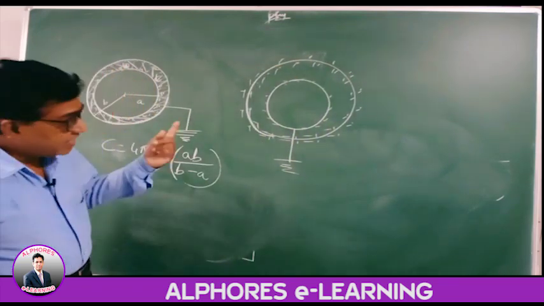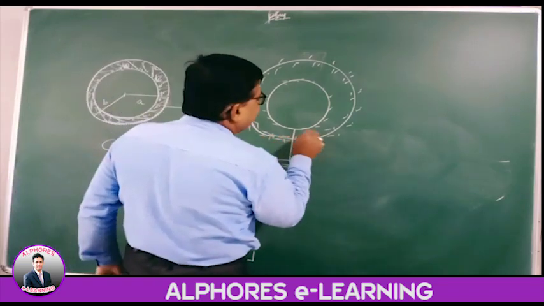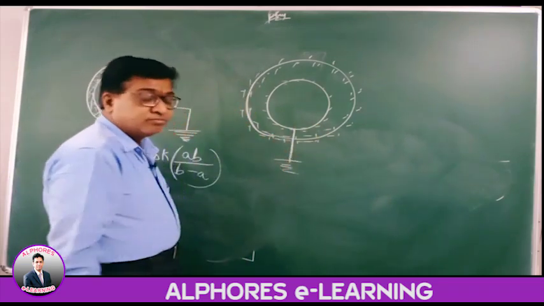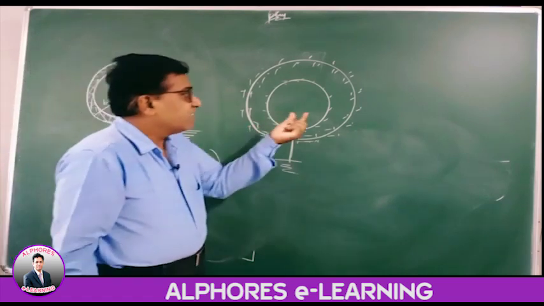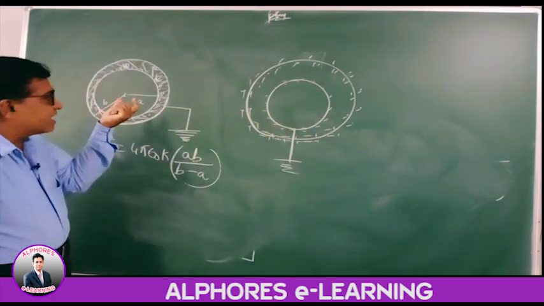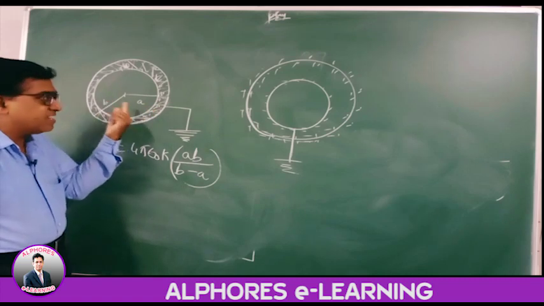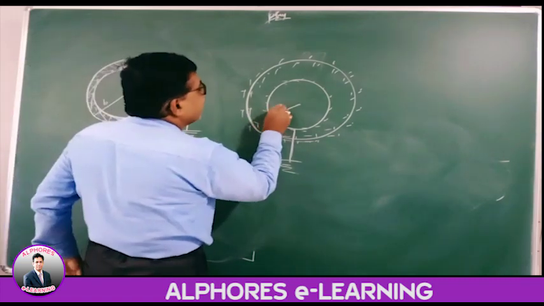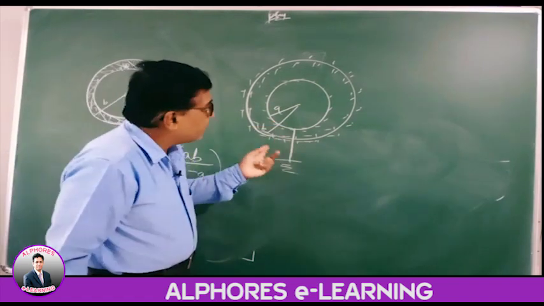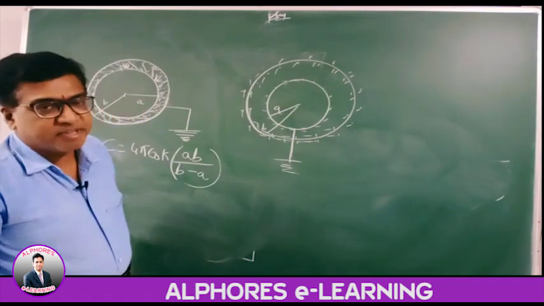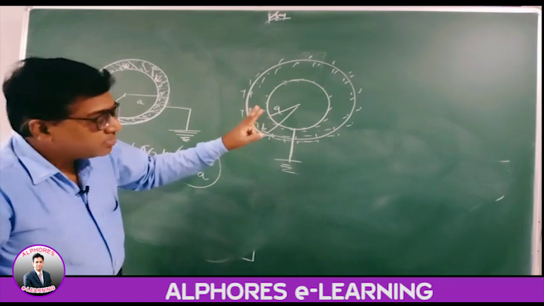When the inner sphere is earthed this way, it is a combination of two capacitors: a spherical condenser with inner radius A and outer radius B, and an outer sphere of radius B. So it is a combination of two.